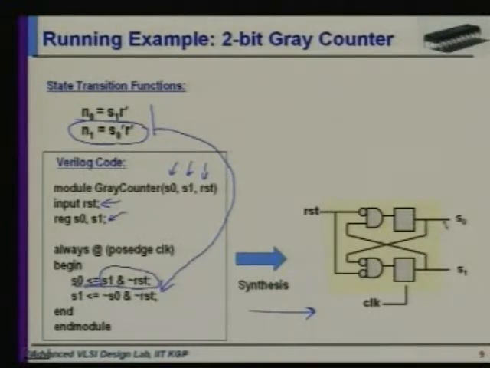The value S0 is getting is S1 and not RST. RST is negated here, and S1 and not RST feeds the input of this flip flop. So when the posedge clock comes, that value gets latched and shows up as the next value of S0.